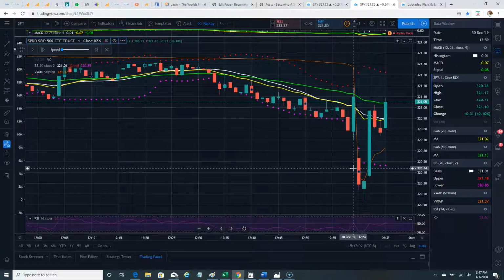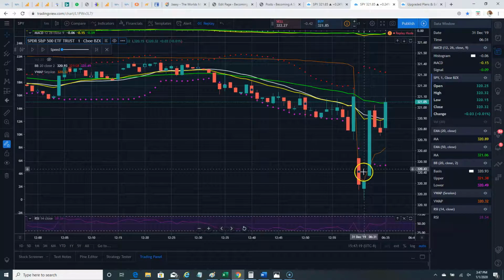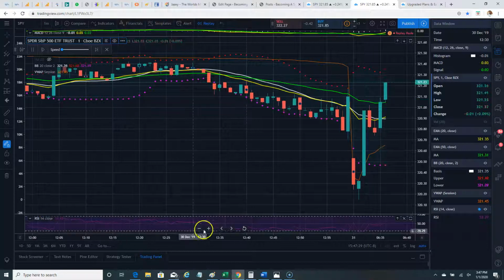Trust me, a great deal of decisions are made solely based on where the price is in relation to those indicators. So let's continue the tape for a few moments to see what's going on. We are updating every 5 seconds. Okay, 321.23.